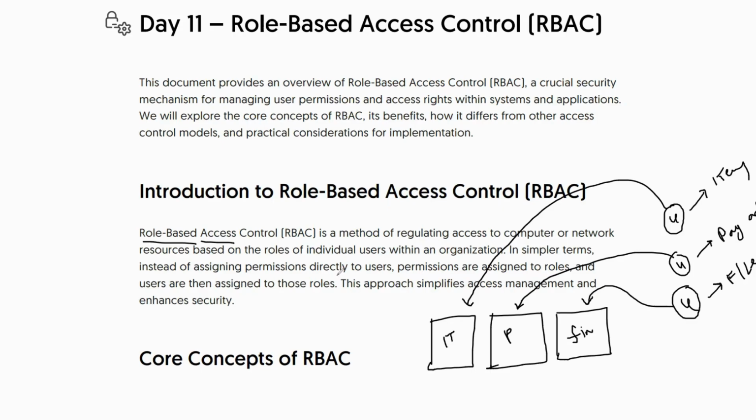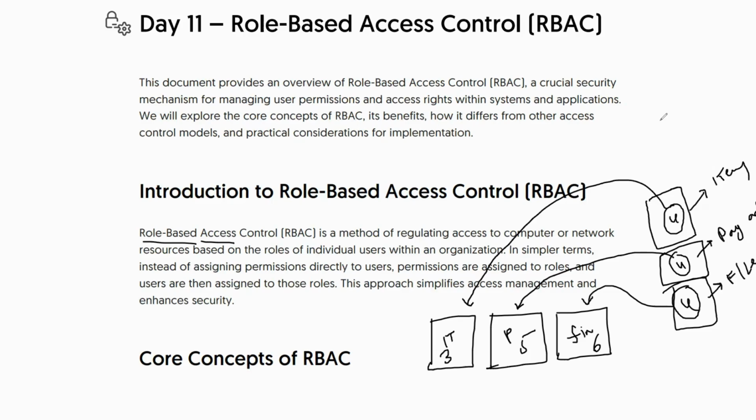Okay. Instead of assigning permissions directly to the users, permissions are assigned to a role. That is, a role is created and users are tagged to that role. Now that role could have multiple different applications also. There could be 3 applications, there could be 5 applications, 6 applications under this role, which is the finance role or the IT role or the payroll admin role.